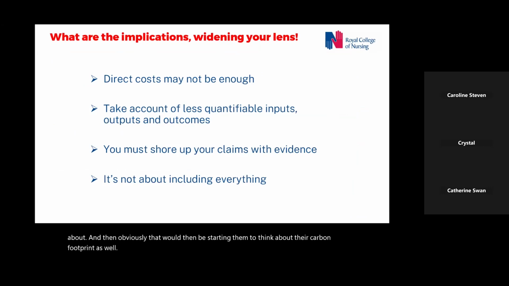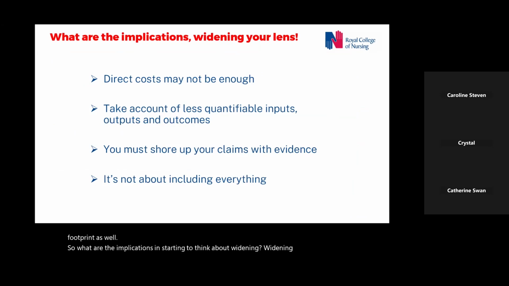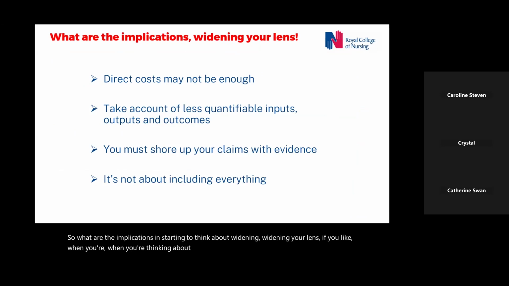So what are the implications, and starting to think about widening your lens, if you like, when you're thinking about demonstrating value. So the direct costs may not be enough. You want to be thinking who, what, and what other resources do you rely on to deliver? Who else contributes?